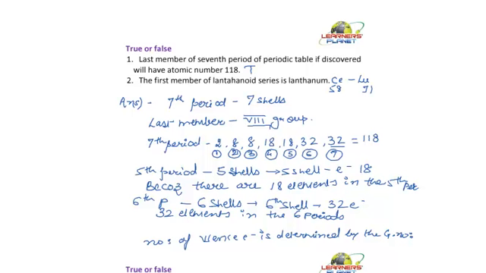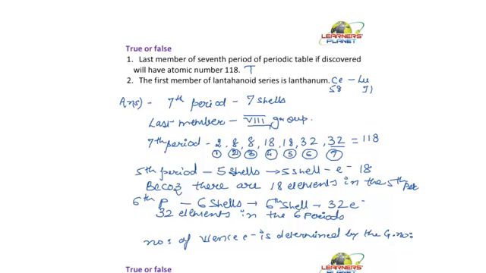So the lanthanides start from cerium. Likewise for actinides, remember, it doesn't start from actinium. It is the 14 elements after actinium, and it starts from thorium.